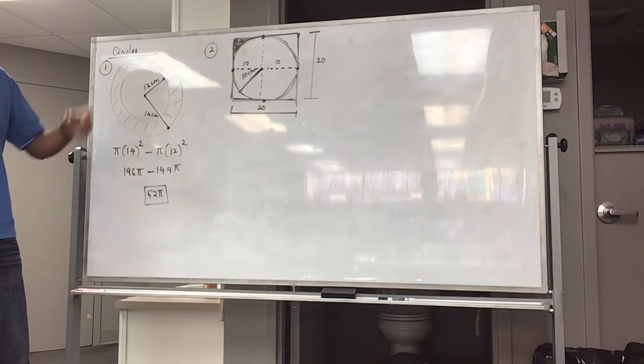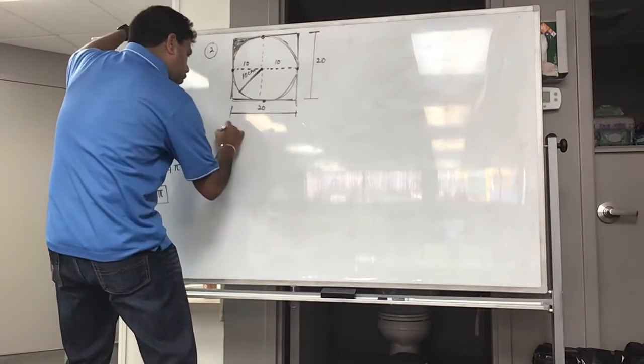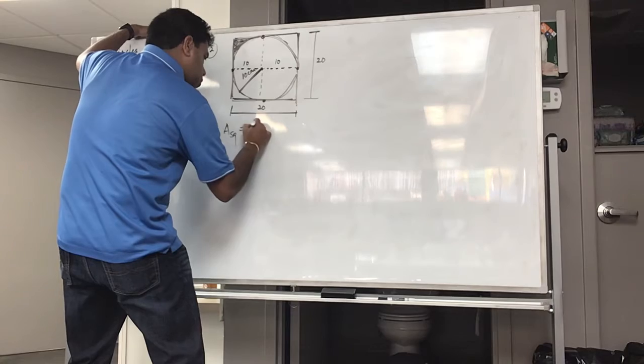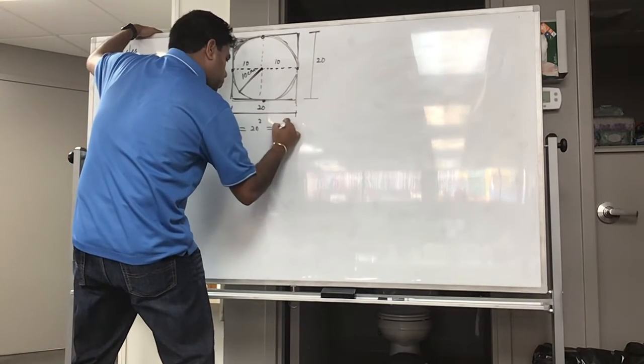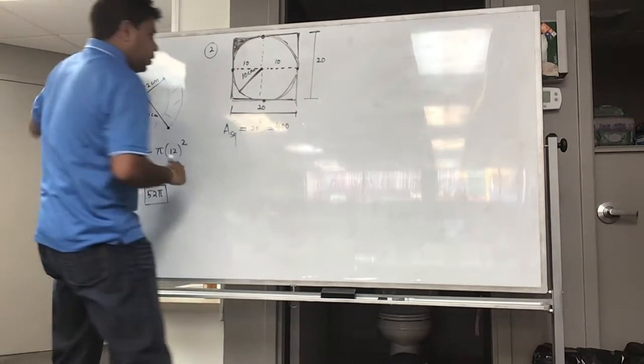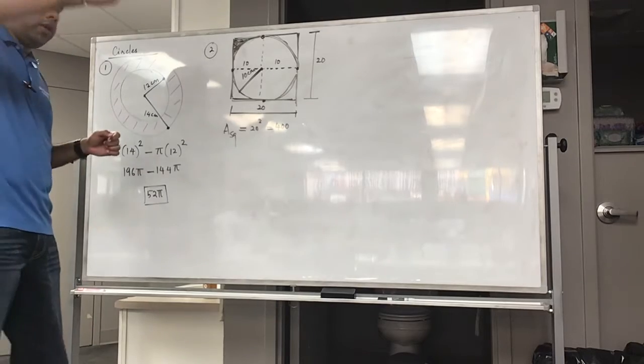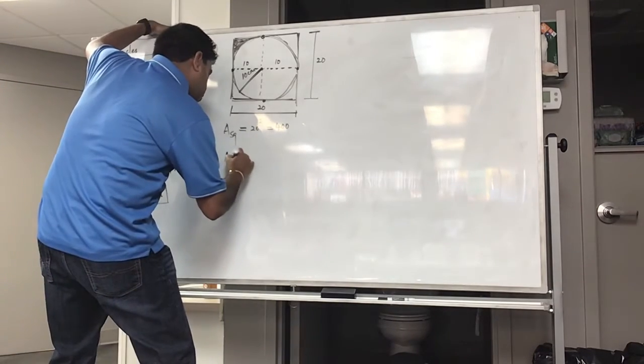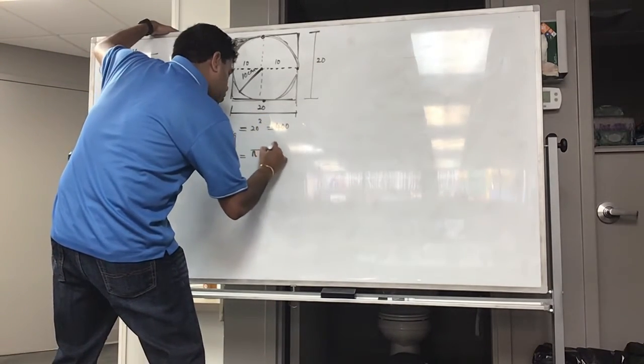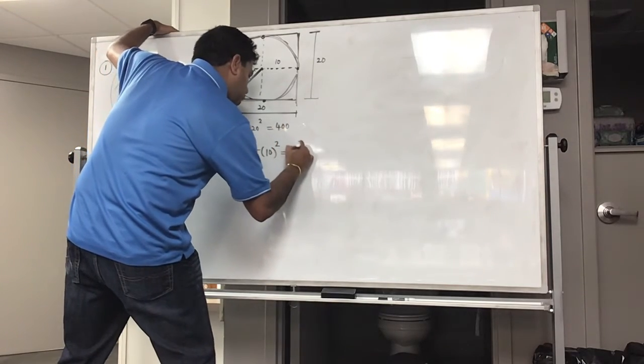Right? So you have a square, so the area of the square is 20 squared, which is 400. Then you cut a circle out of it. So the area of the circle is pi r squared, which is 100 pi.